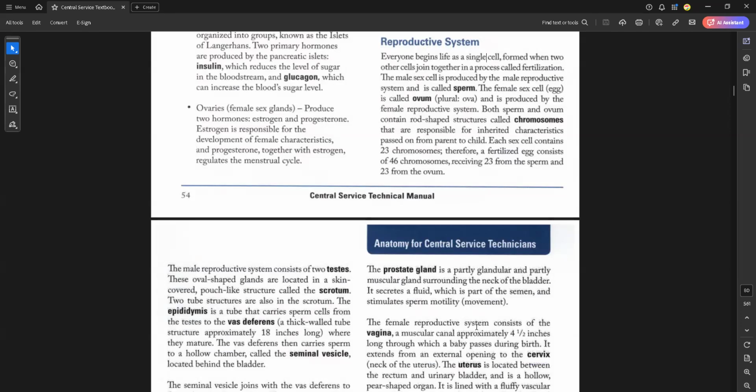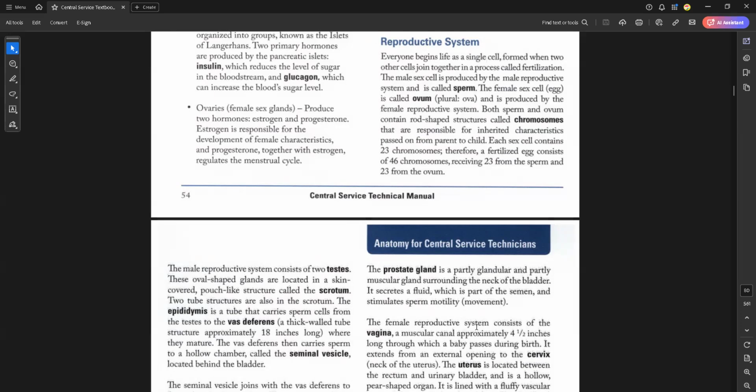We have the male and then we have the female. Everyone begins life as a single cell formed when two other cells join together. So we have the male reproductive system, and then we have the female reproductive system. The sperm you see there is for the men, and the ovum, plural ova, is from the women.